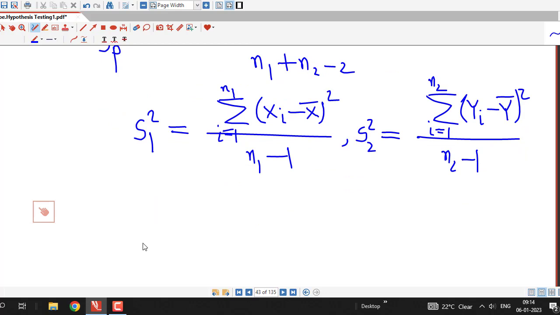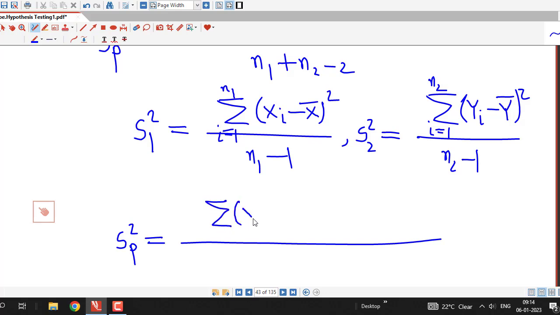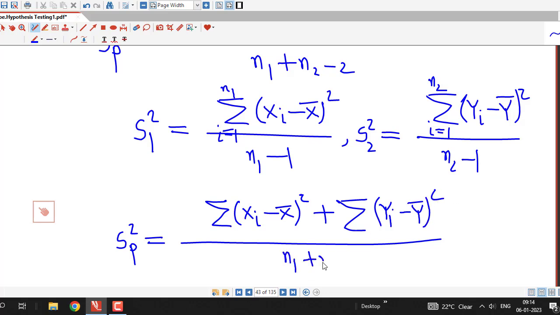So, using these formulas for sample variances, we can write another formula for pooled variance as sigma xi minus x bar square plus sigma yi minus y bar square divided by n1 plus n2 minus 2.